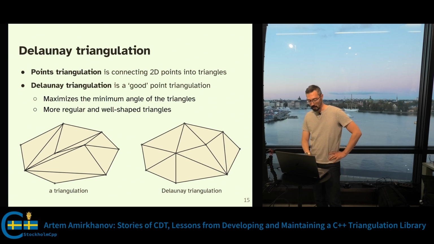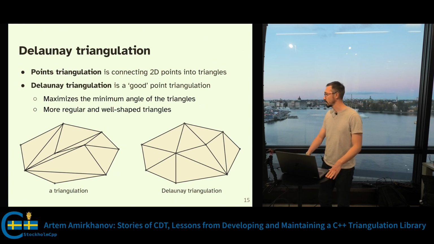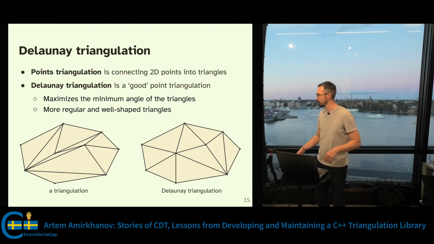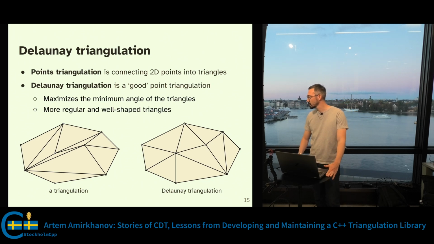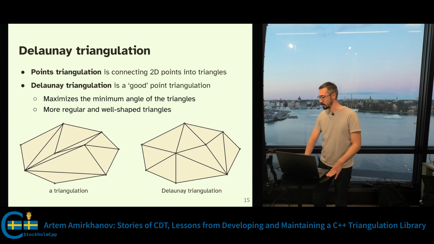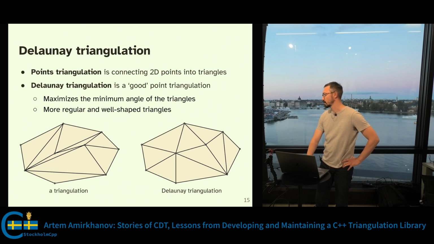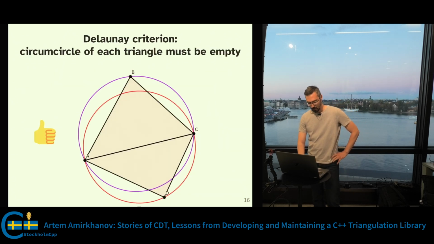That means you get more regularly shaped, nicer looking triangles, and less close to being degenerate. So not having very sharp angles, not having very large angles. That's convenient to have for tasks like interpolation. There is a comparison at the bottom, some triangulation versus Delaunay triangulation, so you can see the difference.